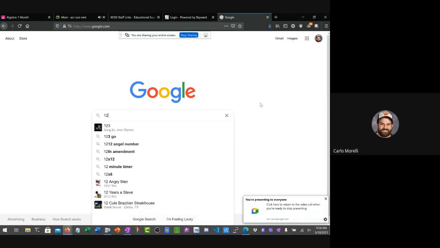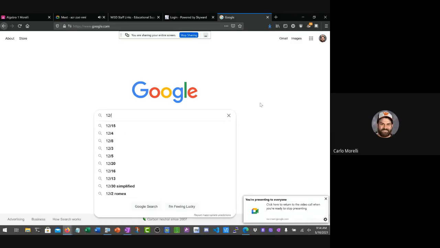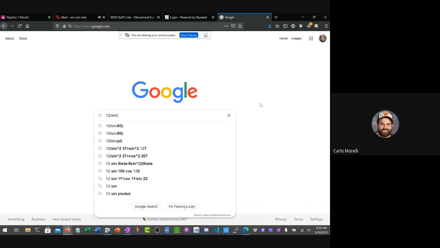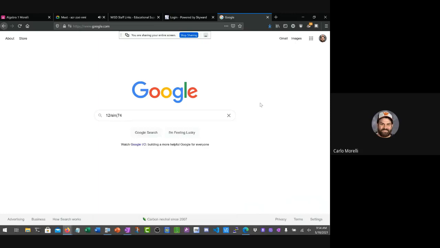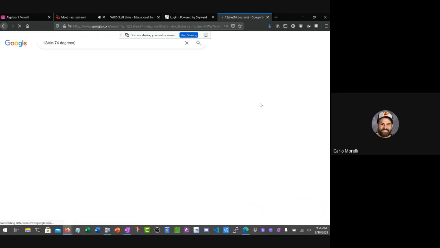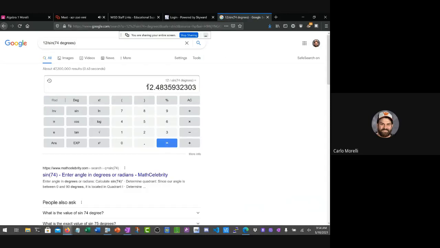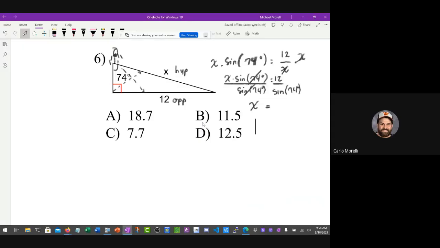So we type in 12 divided by, and then we put sine, SIN, open parentheses, 74 space degrees to tell that we want it in degrees, and it will compute it for you. I'm getting 12.48. If you're using your calculator, you should have gotten the same thing. So 12.48 will round up to the 10th place to 12.5.